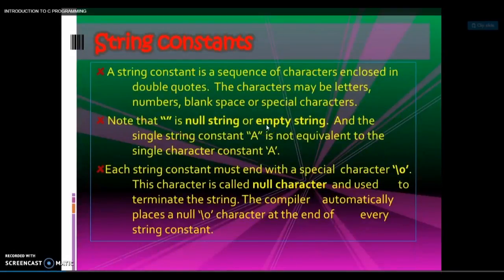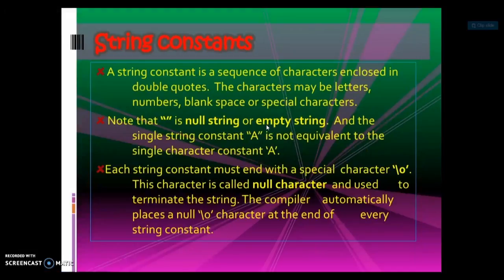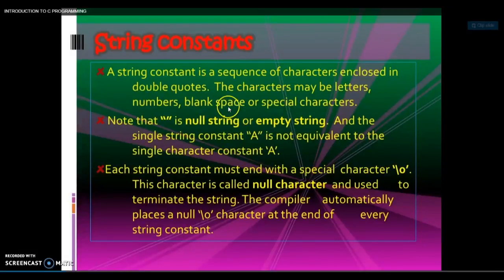String constants. A string constant is a sequence of characters enclosed in double quotes. The characters may be letters, numbers, blank space or special characters. Note that double quotation is null string or empty string, and the single string constant "A" is not equivalent to the single character constant that is enclosed in single quotation.